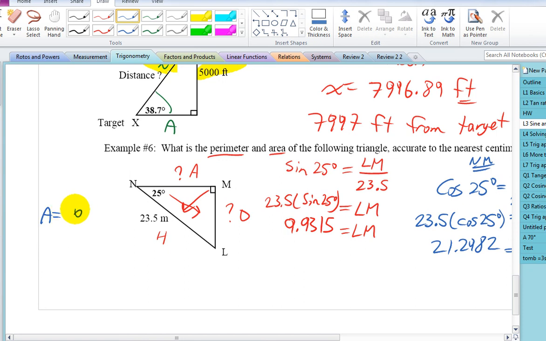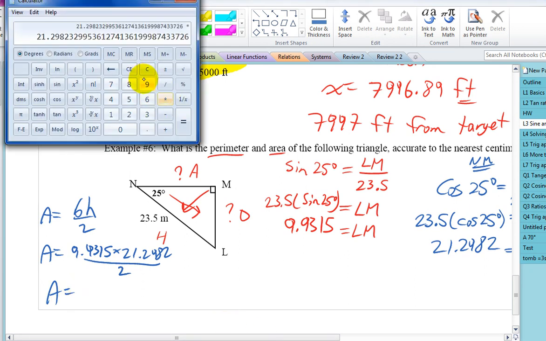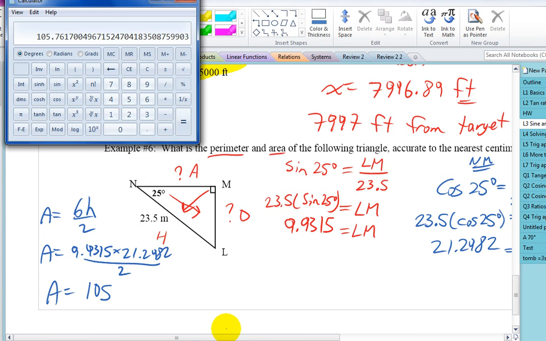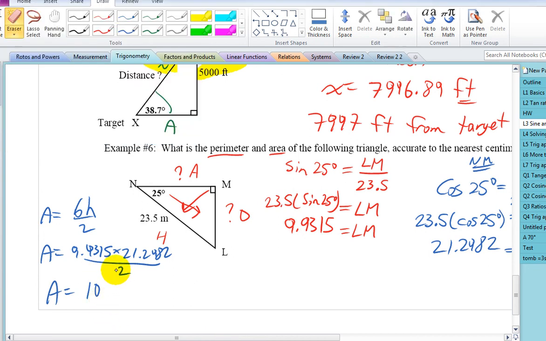Okay, so base times height divided by 2. 105.8. So it says the nearest whole number is 106. And let's use meters squared. I see my units are screwed up there, aren't they?